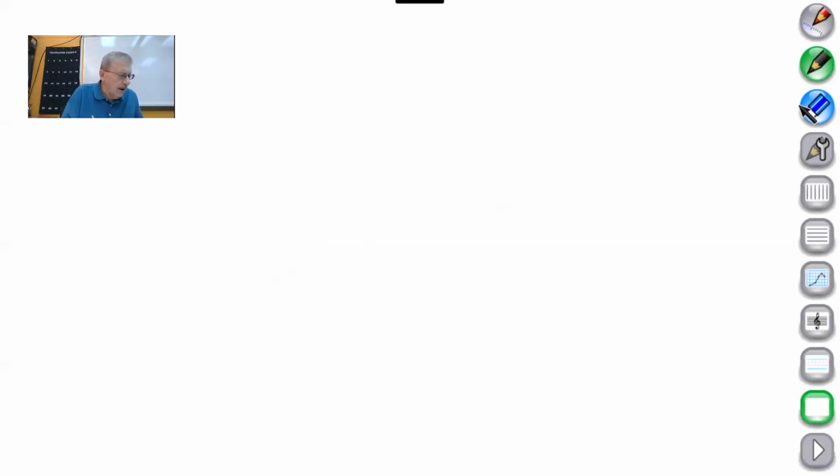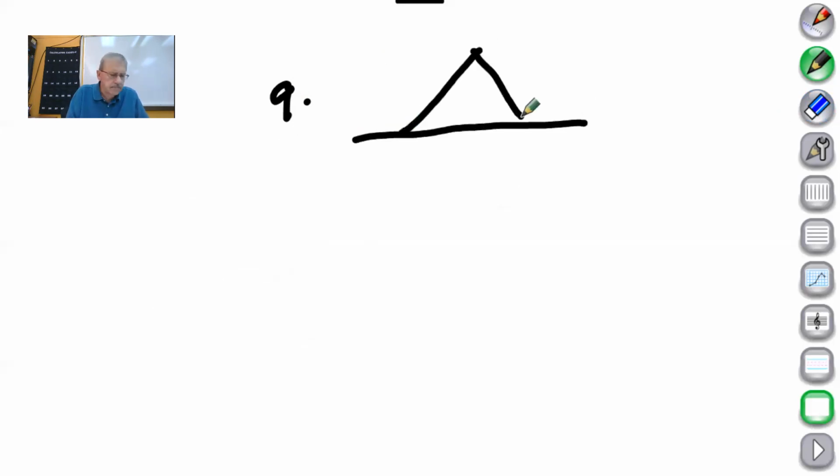Okay. So one problem that gave me a little difficulty was problem number 9 in the book, on page 15. When I was looking at this problem, I had a lot of difficulty doing it at first. I saw this as 9x plus 12, and this angle right here was 6x plus 3.